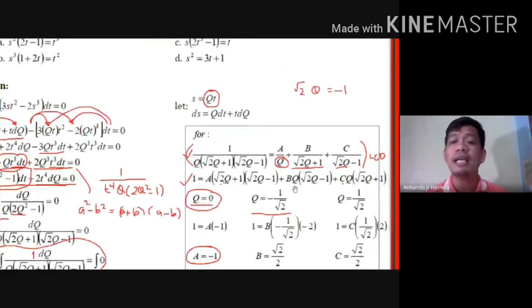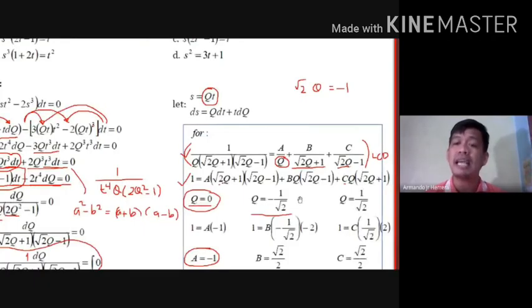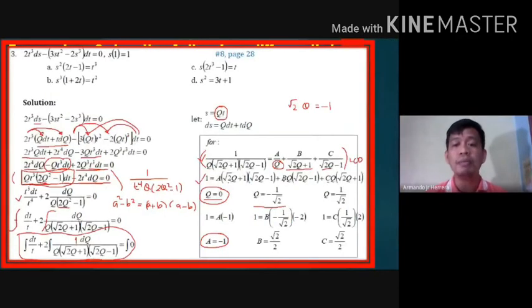For letter C, square root of 2 times negative square root of 2 is negative 1 plus 1. C also cancels out. So for letter B, substitute natin 1 is equal to B times the quantity. This value is Q, which is negative 1 over square root of 2 multiplied by square root of 2 times negative 1 over square root of 2 is negative 1 minus 1 is negative 2.